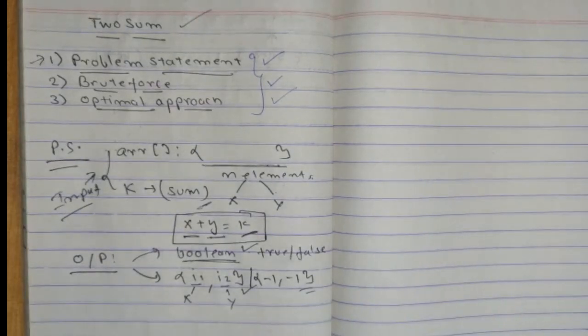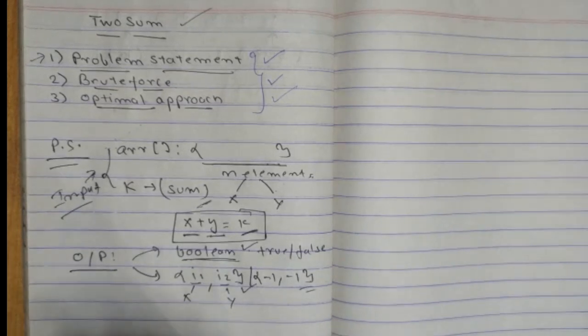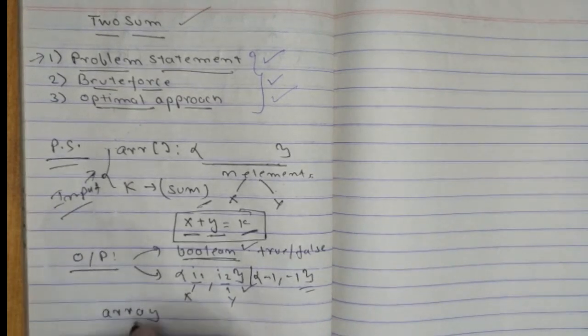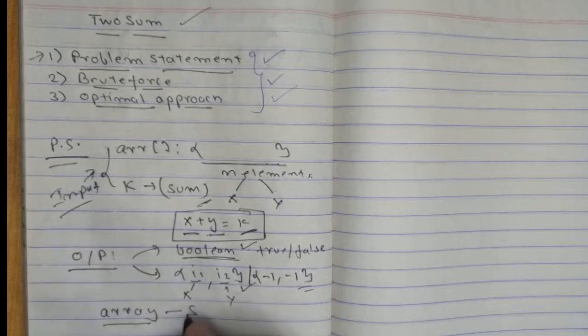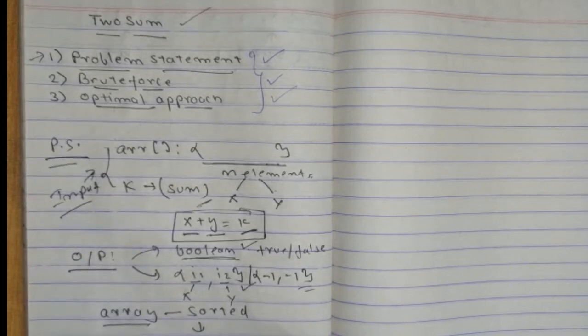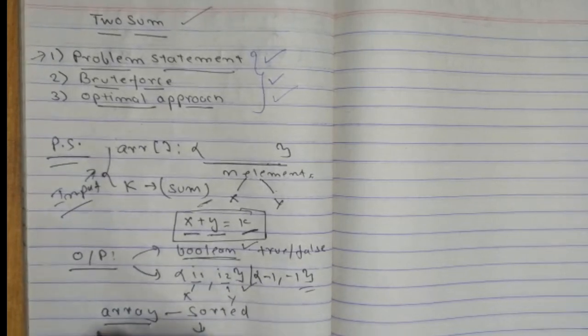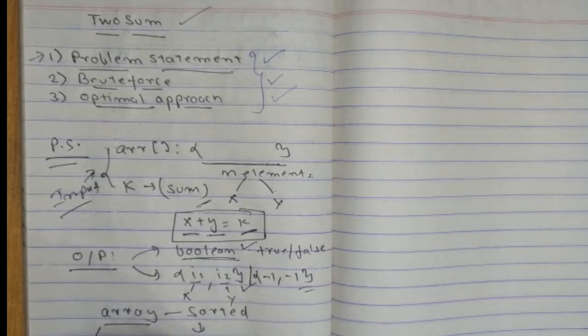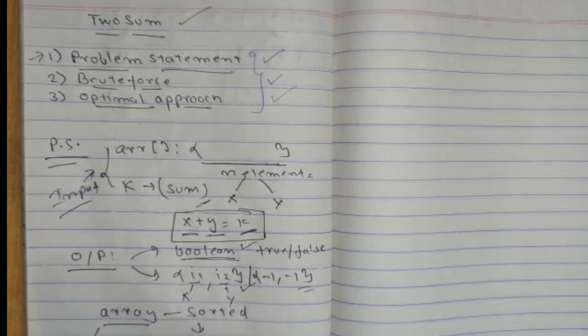Okay, so the best way I can tell you, according to my experience, is that if the array which we have been given in the input is sorted, then most of the time it will ask you to return the boolean answer. If it is not sorted, then it will ask us to return the indexes.